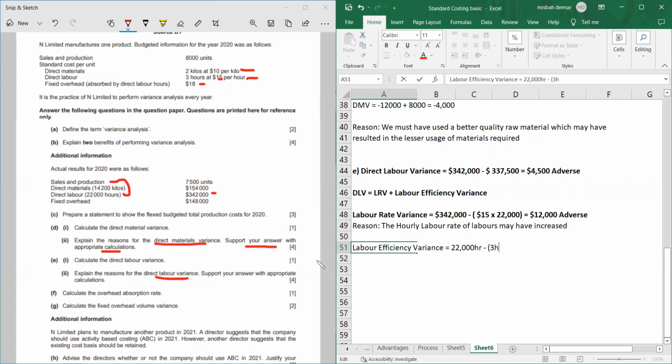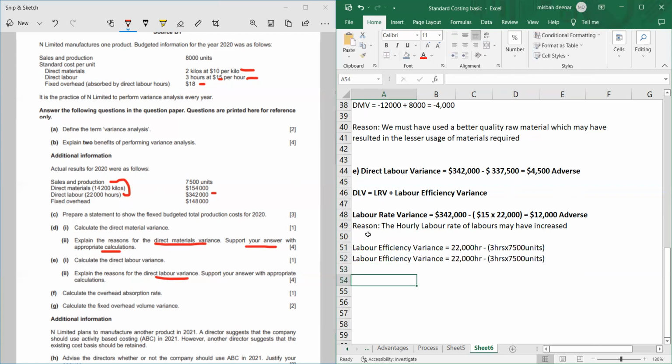We budgeted 3 hours for 7,500 units, so 3 into 7,500 is 22,500 hours. We budgeted 22,500 hours and actually 22,000 hours were used. So 500 hours saved.